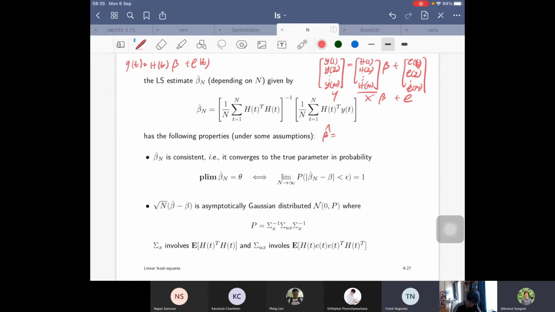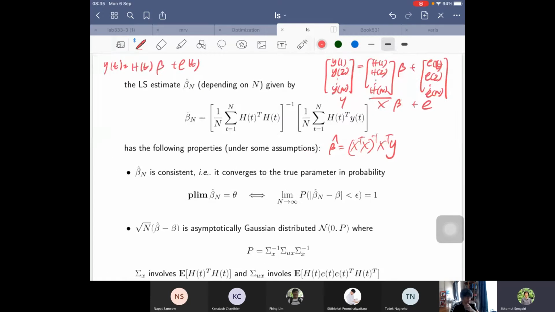I also forgot. Look it up. Look it up. Yeah, it should be X transpose X inverse, and then X transpose y. Yeah, y.